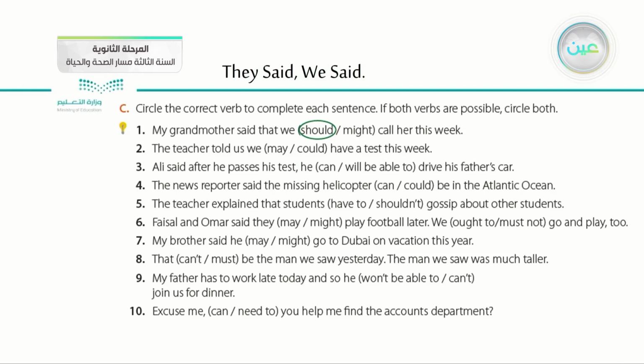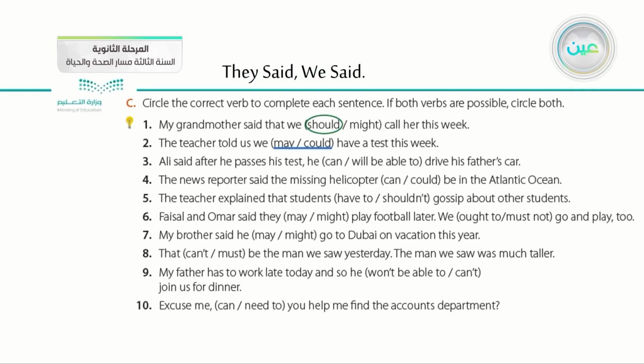Here, she is talking about a possibility of something, and we have just talked about possibility. We said that there are certain modals, auxiliaries, that we use with possibilities. So the answer is both of them, may and could, because may, might, and could are words used to talk about the possibility of anything.